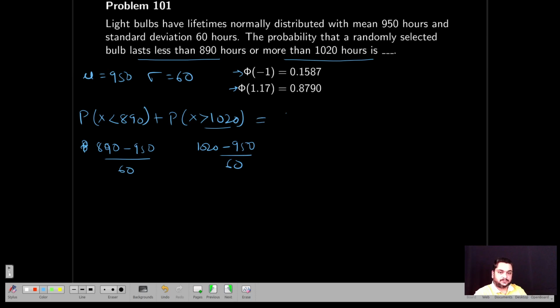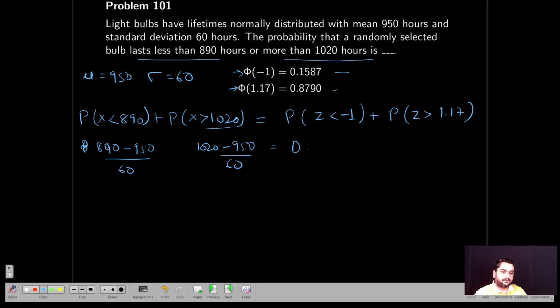If you convert this, it will be in terms of Z less than minus 1, plus Z greater than 1.17. Already they have given these values, just convert them.